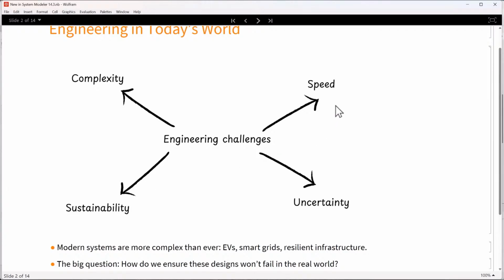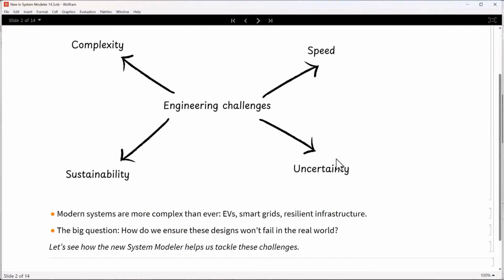The pressure to deliver faster means we need tools that shorten prototyping cycles and reduce manual work. Real world conditions like weather, usage patterns, or supply variability are unpredictable, but designs still need to perform reliably. These four challenges, complexity, sustainability, speed, and uncertainty, are what defines modern engineering. And the question is how do we design systems that don't fail under these pressures?